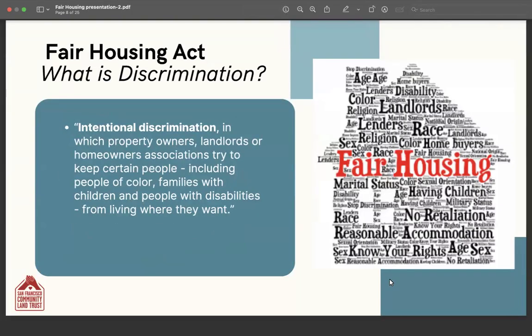And the Fair Housing Act, when describing discrimination, is specifically looking at intentional discrimination. So, in which property owners, landlords, or homeowner associations are trying to keep certain people from living where they want. And we will talk about what those people groups are in the next slide here.